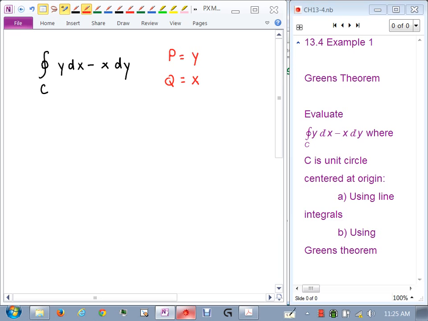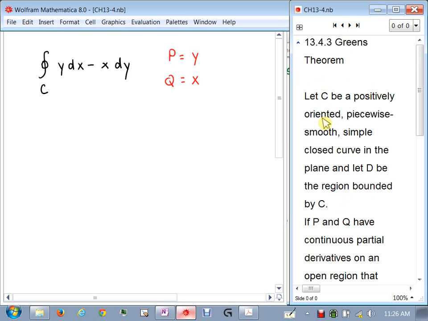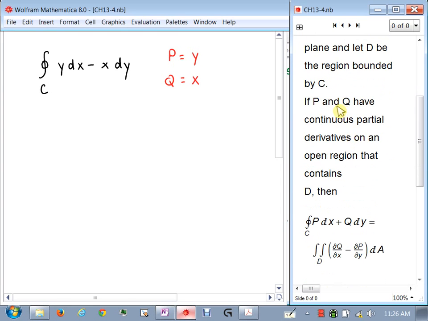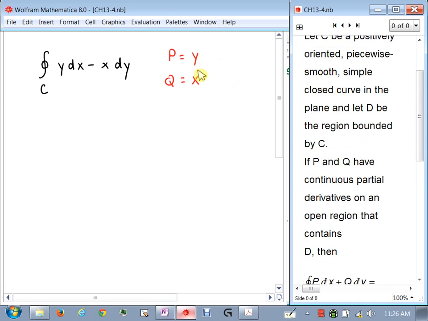Now, to use Green's theorem, I have to let C be positively oriented, piecewise smooth, and so on. P and Q have continuous partial derivatives on an open region that contains D. That means I need these to have good derivatives. And I need them to be defined on the region that I'm enclosing.